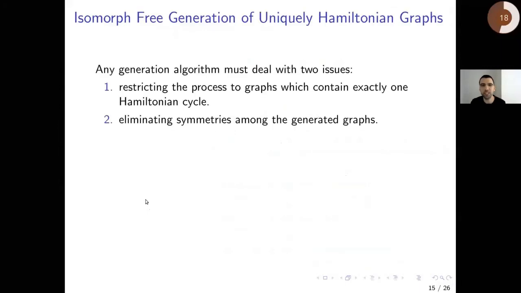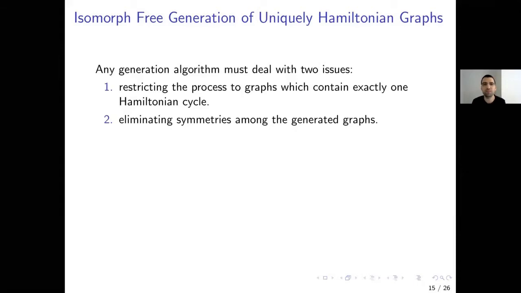So now we move on to the applications. First we will look at the application of generating all uniquely Hamiltonian graphs modulo graph isomorphism. Any generation algorithm which only generates non-isomorphic uniquely Hamiltonian graphs must deal with two issues.